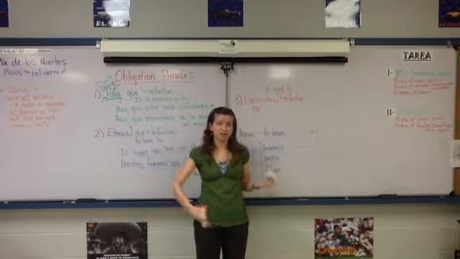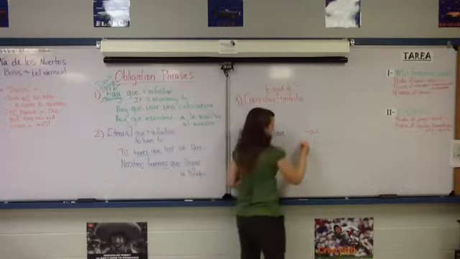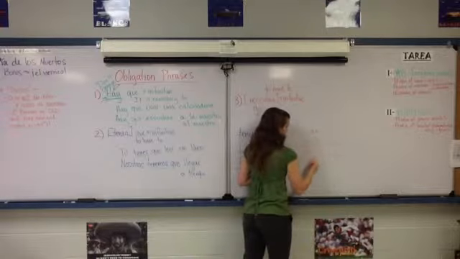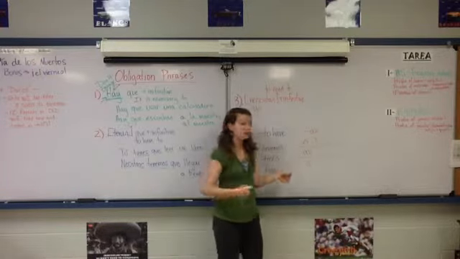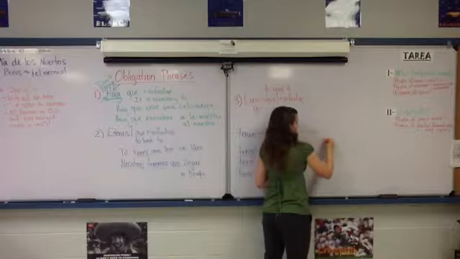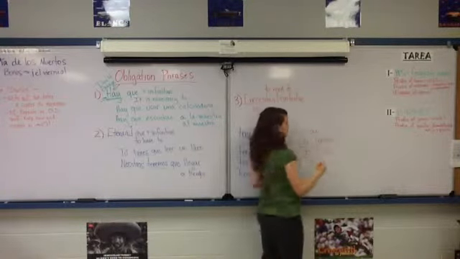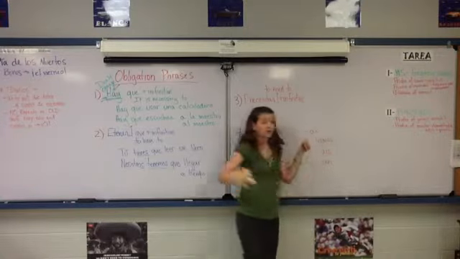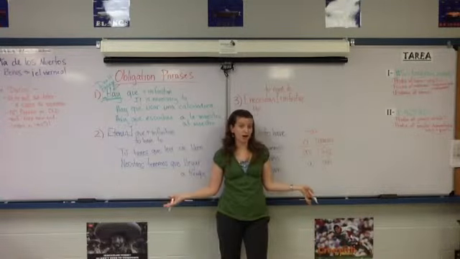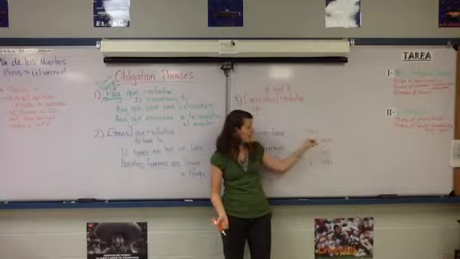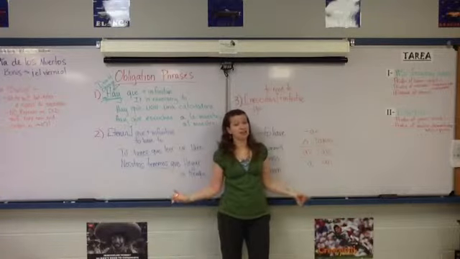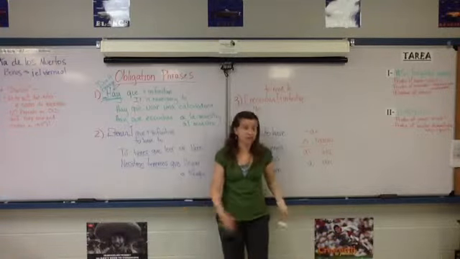Take off the end: o, as, a, amos, áis, an. That's how you conjugate an AR verb.